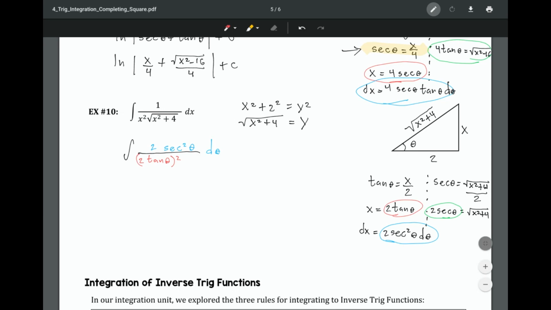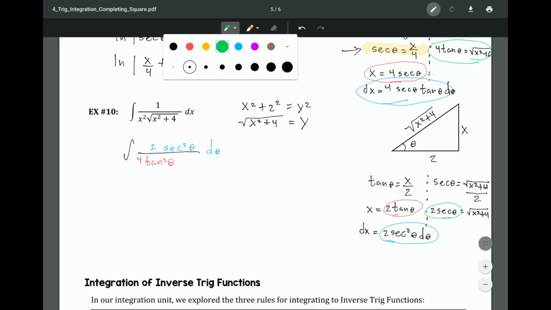So I'm going to delete that so I can just write that just to save room. That's going to be 4 tangent squared theta. And then finally, I will replace this right here, the square root of x squared plus 4 with 2 secant.